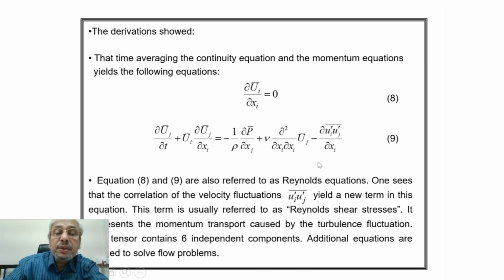And in the momentum equations, we have this additional stress term, which is ui prime uj prime over bar, and as I said, the gradient of that will come in the momentum equation, del xi.